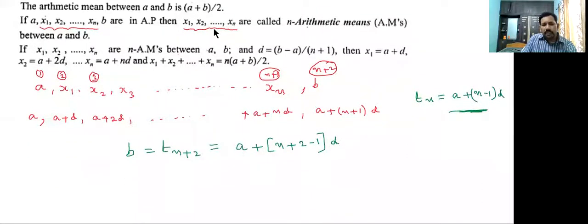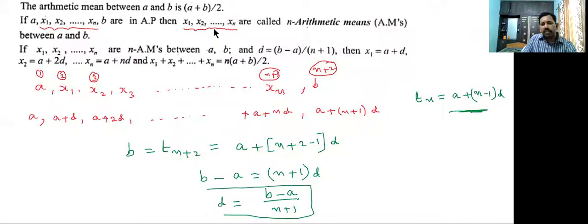What happens? b is equal to a plus (n plus 1)d. Take a to the left hand side: b minus a is equal to (n plus 1) into d. Finally, d is (b minus a) divided by (n plus 1). Here d is called the common difference.